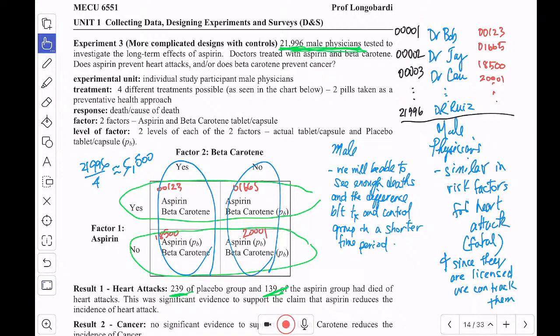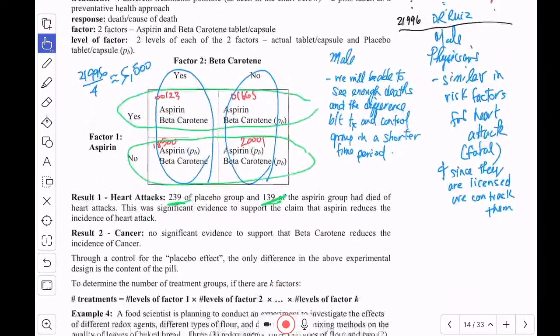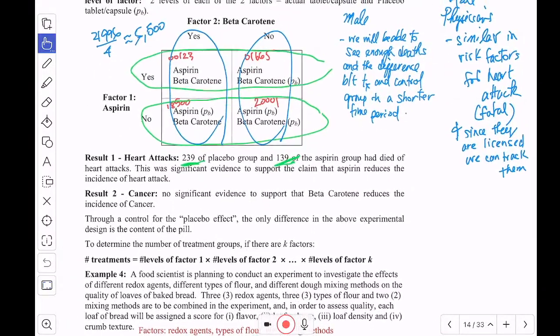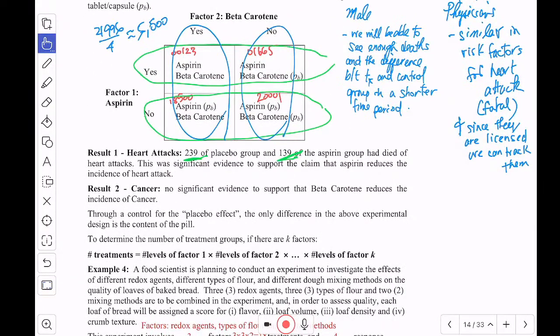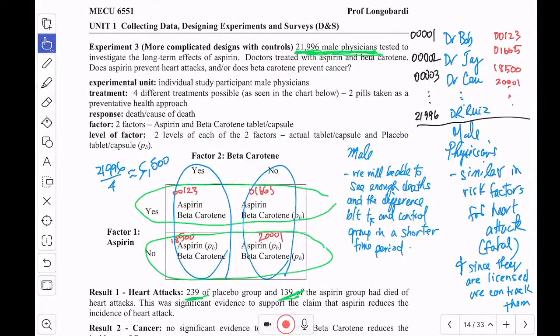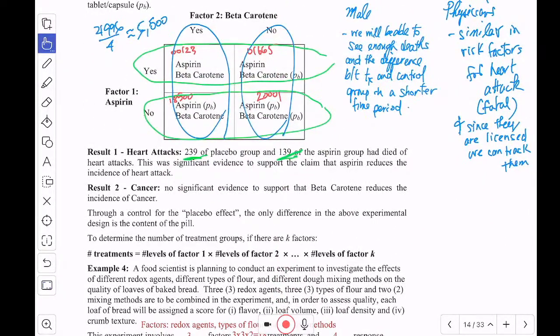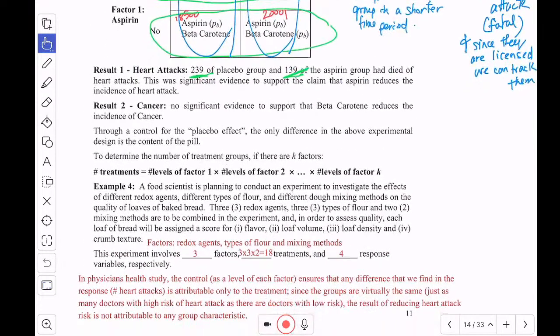All right, so let's take a break. We're almost at the halfway mark. Let's take a break, and during that break, I want you to look at example number 4. Well, I'm calling it example, but it should be experiment 4, I guess. Read what's here.